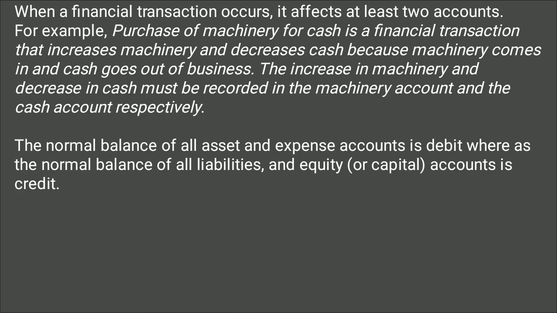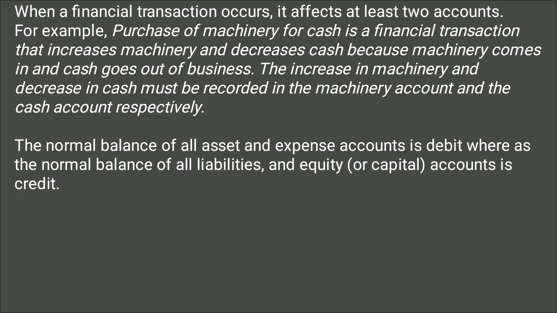Okay, when a financial transaction occurs, it affects at least two accounts, which we have already seen, because of the meaning of the double entry system: each transaction will affect two sides of two different accounts.